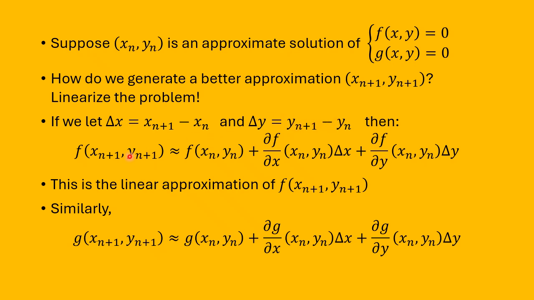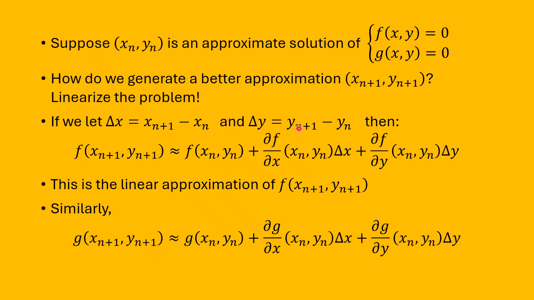Then, by using the linear approximation, f of the point (xn+1, yn+1) is approximately equal to f(xn, yn), plus the partial derivative of f with respect to x at (xn, yn), times delta x, plus the partial of f with respect to y at the point (xn, yn), times delta y.